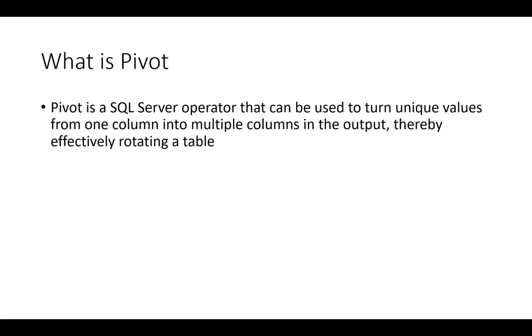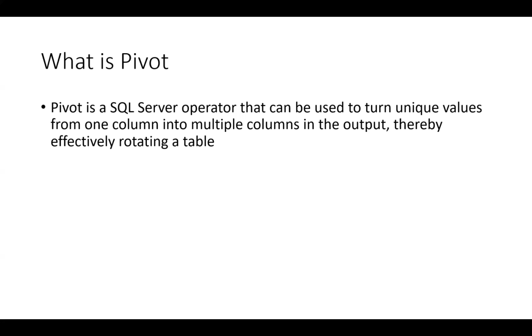All right. So pivot is a SQL Server operator that can be used to turn unique values from one column into multiple columns in the output, thereby effectively rotating a table. Okay, so what pivot allows you to do is take unique values from one column.